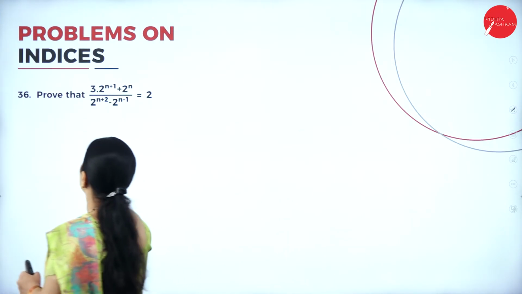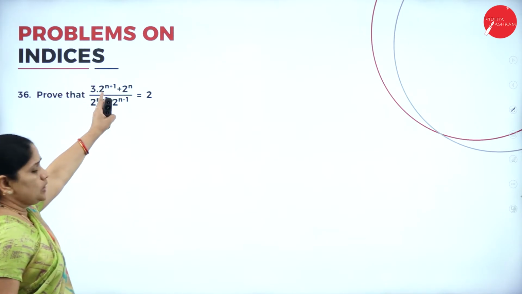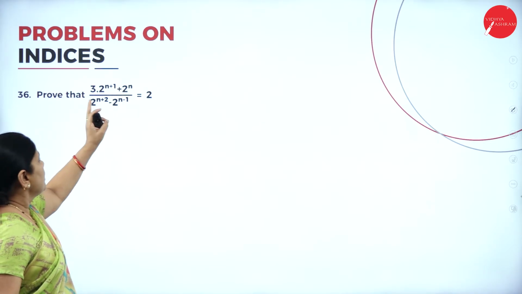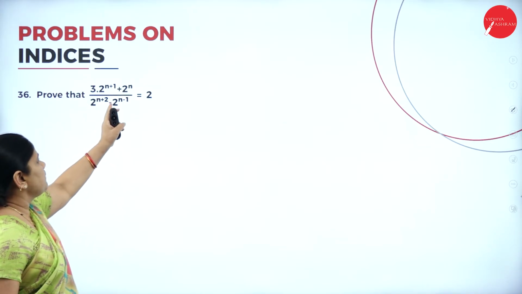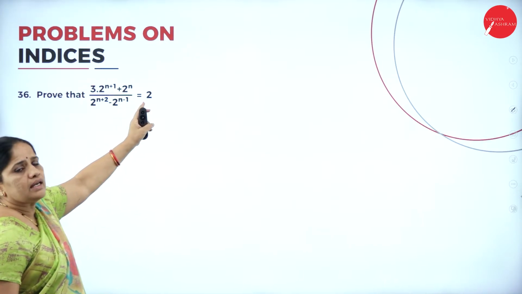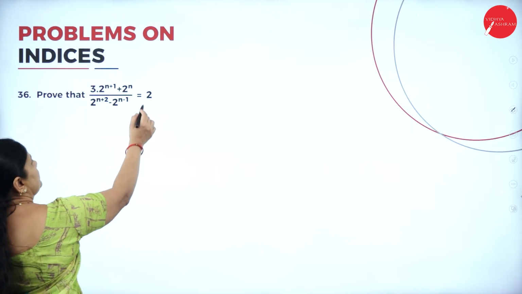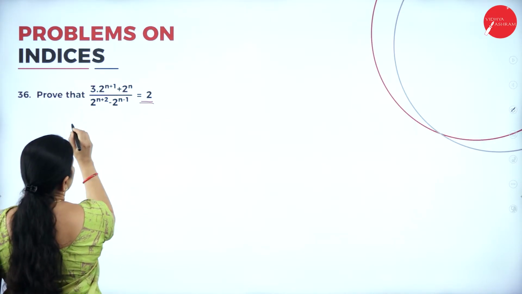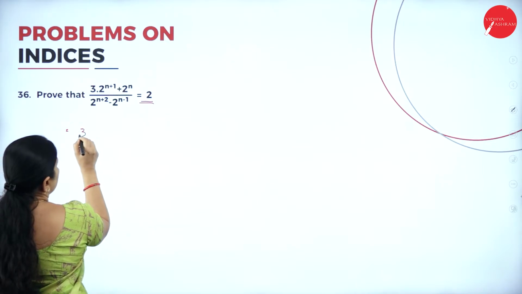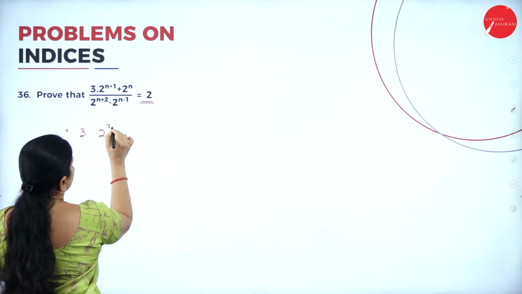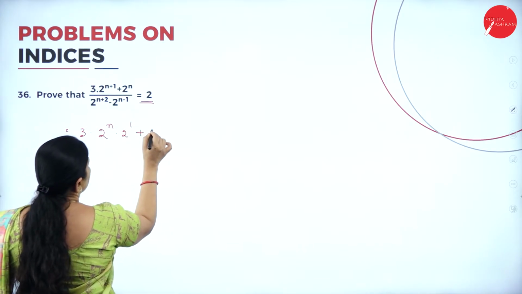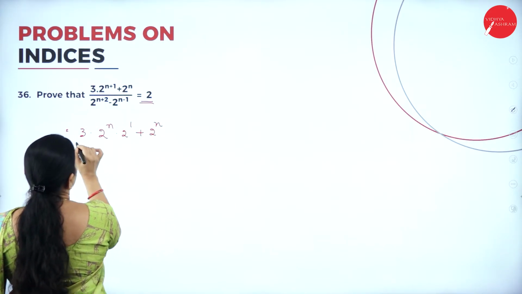So, the next problem is 3 into 2 to the power of n plus 1 plus 2 to the power n, whole over 2 to the power of n plus 2 minus 2 to the power of n minus 1 equals 2. Now, we have to get this 2 as the answer. Now, let us split it up. I will write it as 3 into 2 to the power of n into 2 to the power 1 plus 2 to the power n.